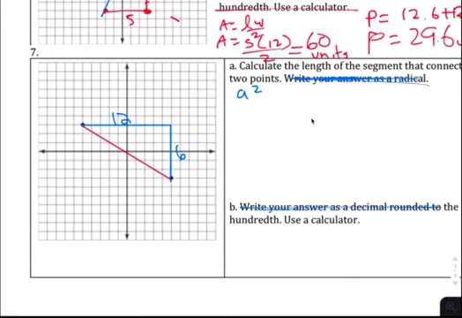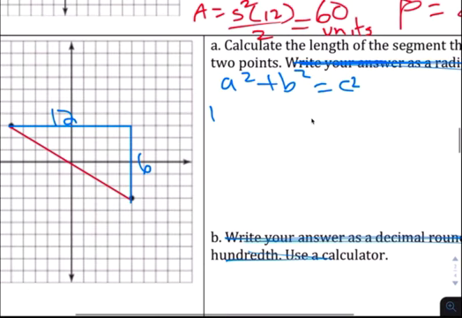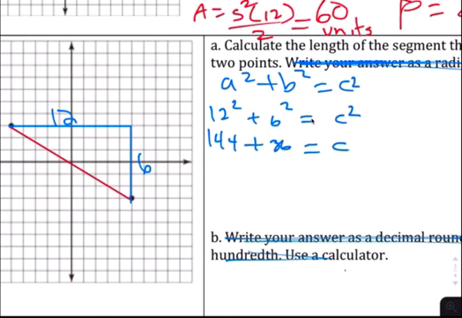This is find area and perimeter. Get 12 squared plus 6 squared equals the hypotenuse squared. So you add that together, you get 180. Take the square root of 180.